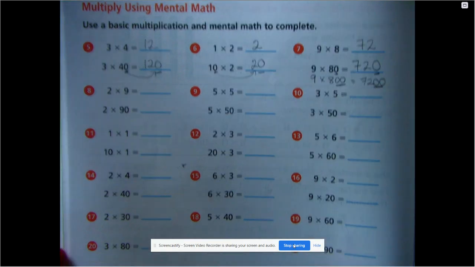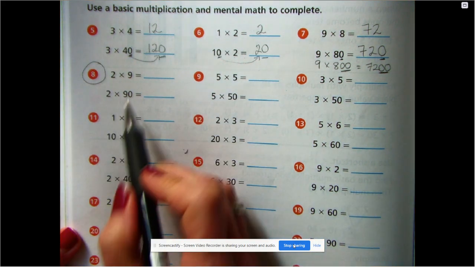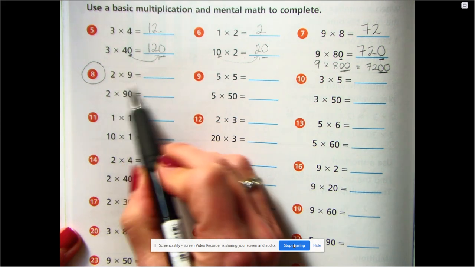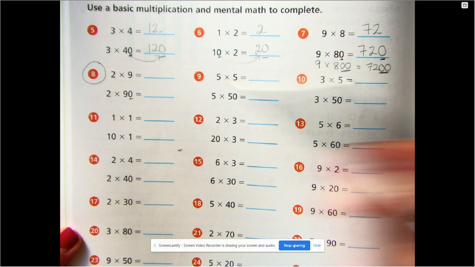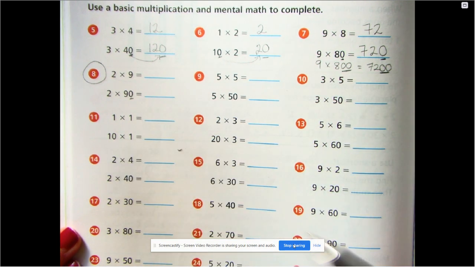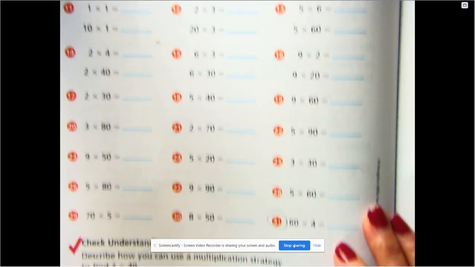Okay? Your job today is to start at number 8. Some of these have 2 problems because they're showing you the basic multiplication, and then when it's a multiple of 10, you're going to do 8, go across and do all the way down until you get to 31, right towards the very bottom.